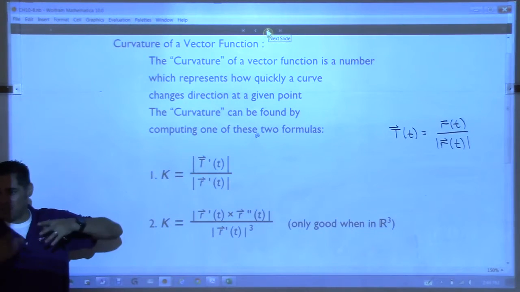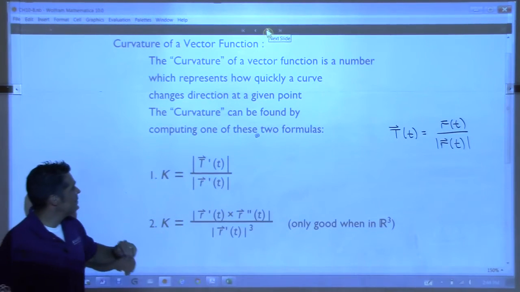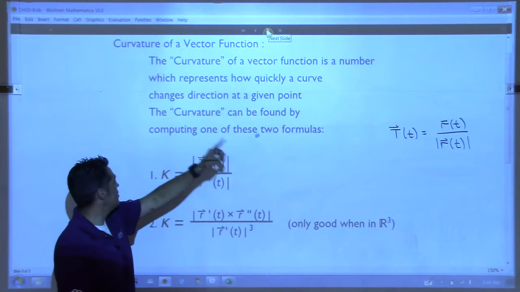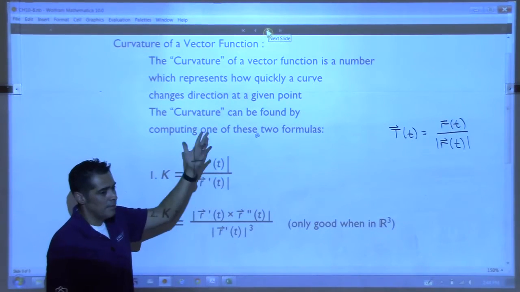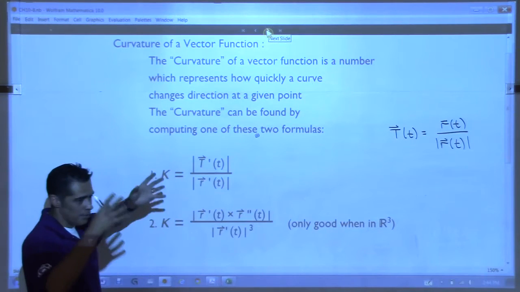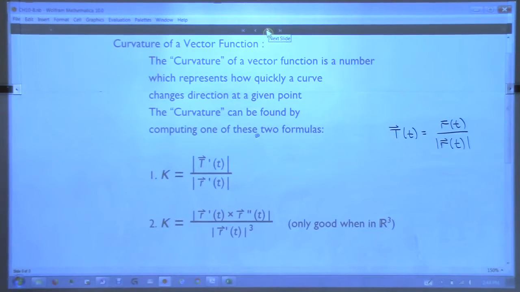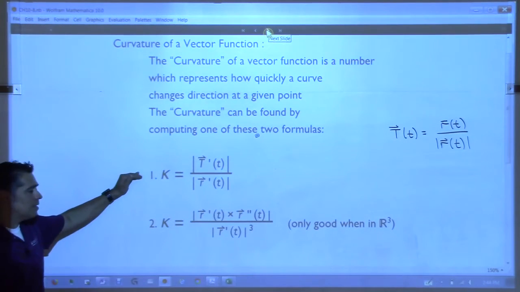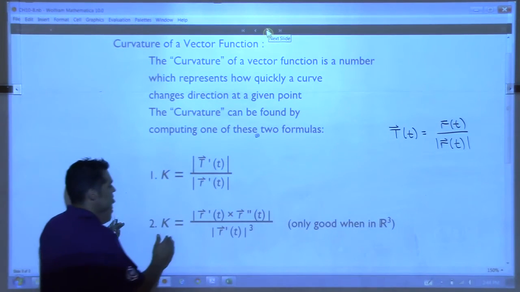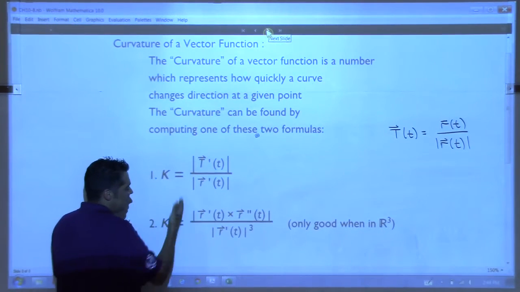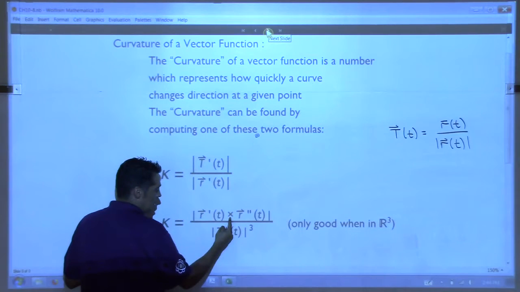So it's almost like we have to take a second derivative. We take T, then take its derivative, and then divide that by the derivative of r of t, and we take the length of both of them separately and divide. That's one formula. You can use this formula to calculate the curvature, or you can use this formula. One of the main differences is this one involves a cross product.